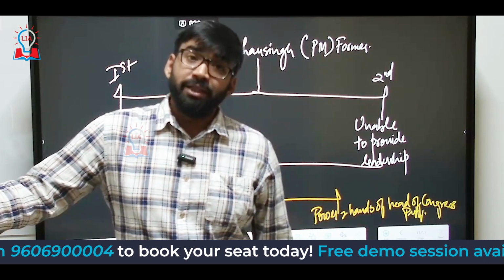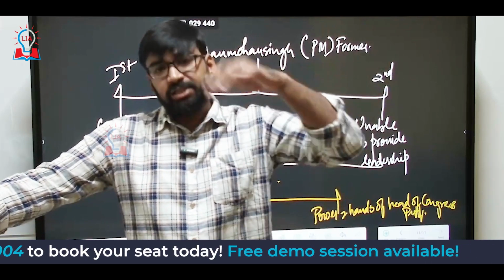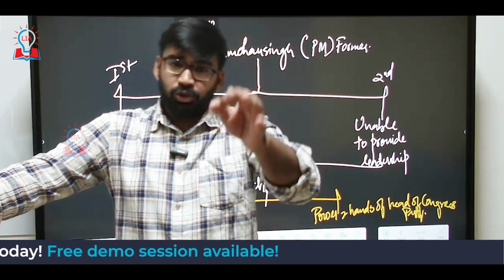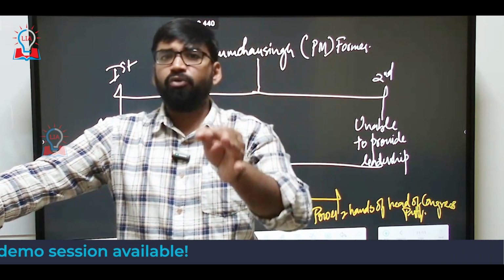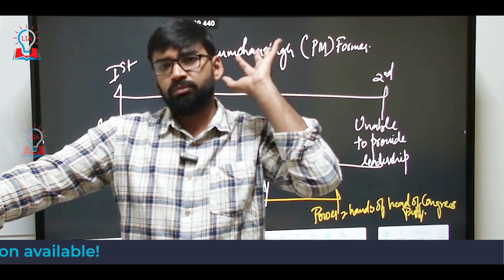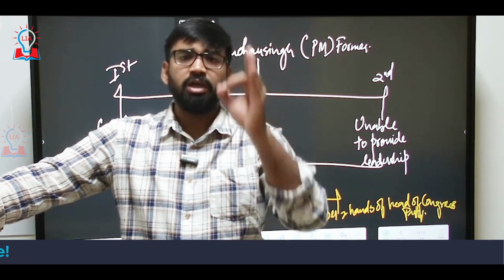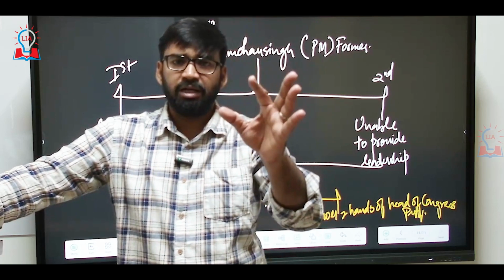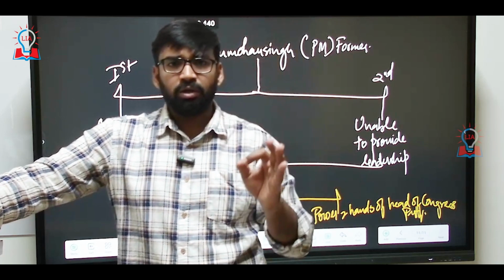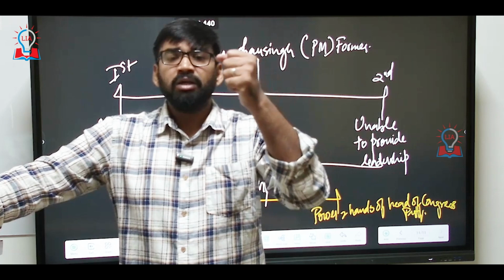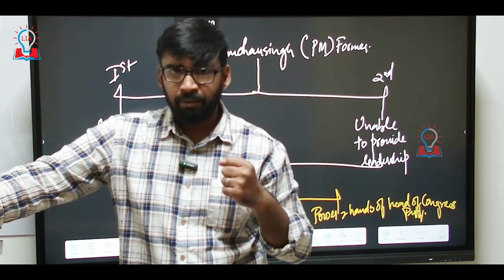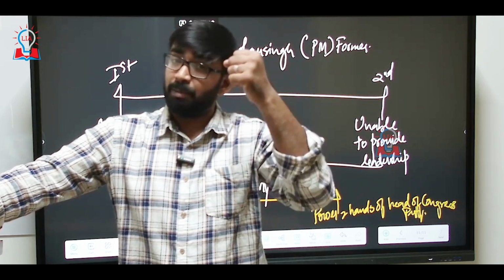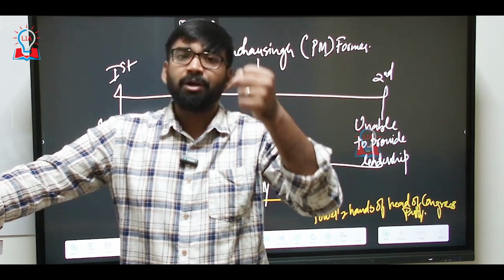So whether PM is first among equals or moon among stars, it depends on the personality of a leader. Getting my point? It depends on the charismatic personality of the leader. If a leader is strong, then strong leadership will be there, so the power will be in the hands of Prime Minister.